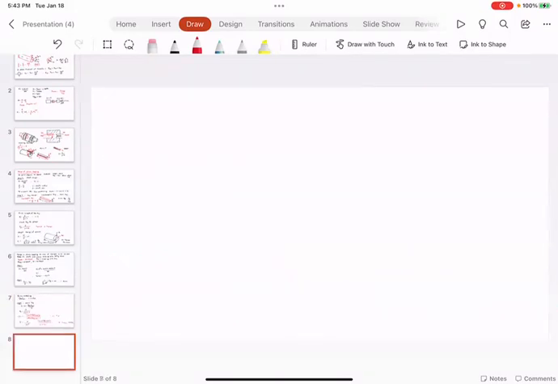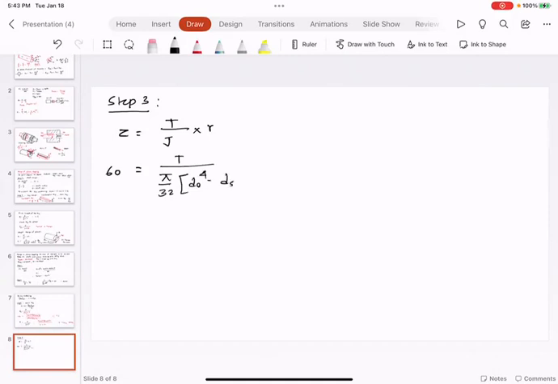Last step is step 3. There are 2 ways to solve this. I'm going to solve it the first way, where tau is equal to T divided by J multiplied by R. The sleeve is made up with the same material as the shaft. You know the value of torque, pi by 32 D outside to the power 4 minus D shaft actual to the power 4 multiplied by D outside divided by 2.